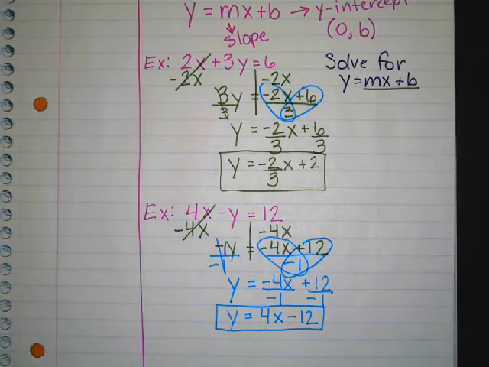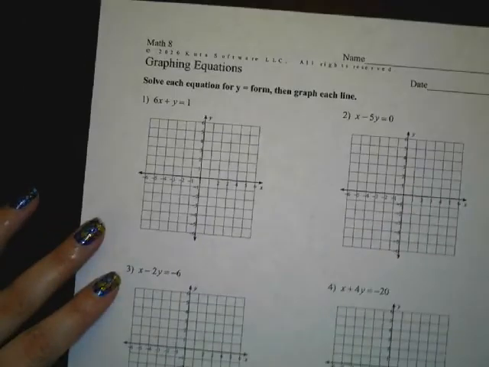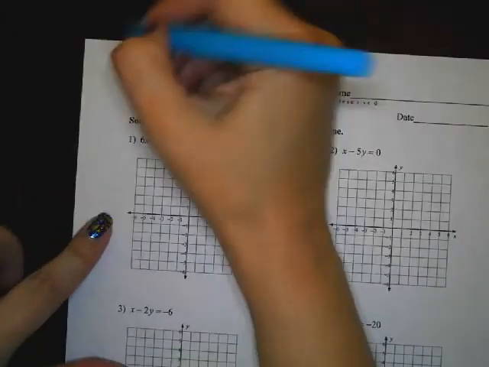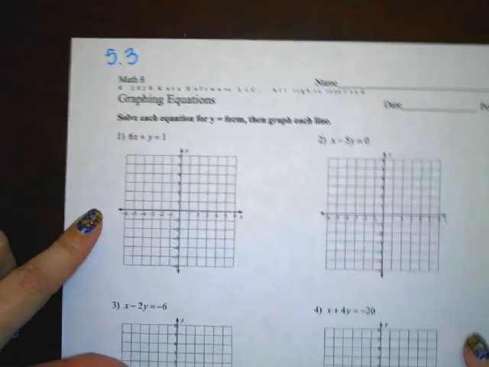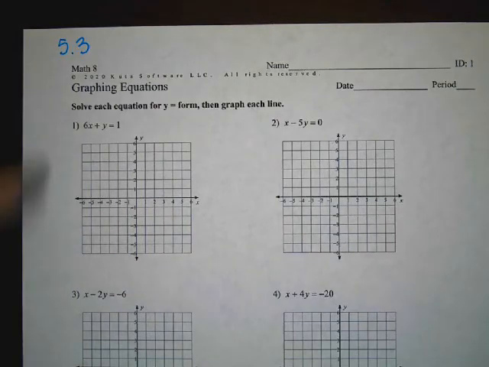So we're going to go ahead and look at our homework and actually graph one. So let me switch here. Number 1 on your homework, this is the 5.3 assignment that you're doing this week. We want to solve each equation for y and then graph each line. So we have 6x plus y equals 1.